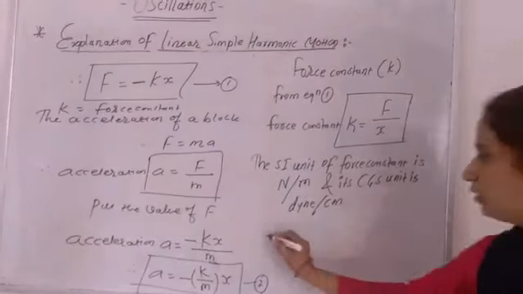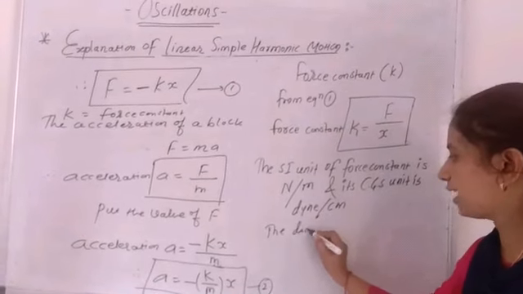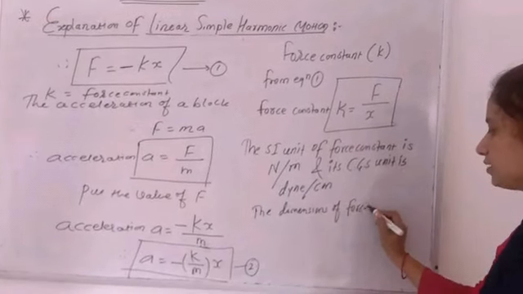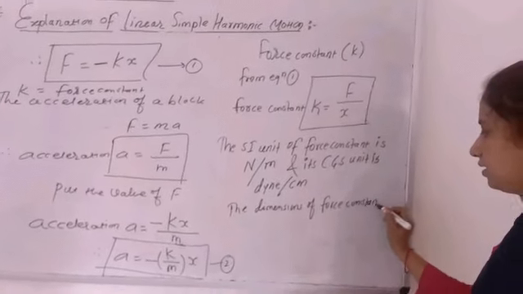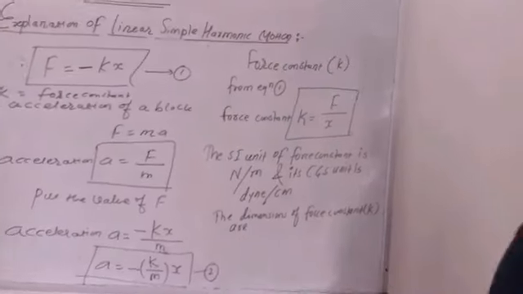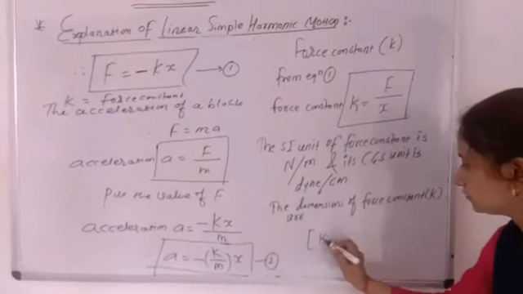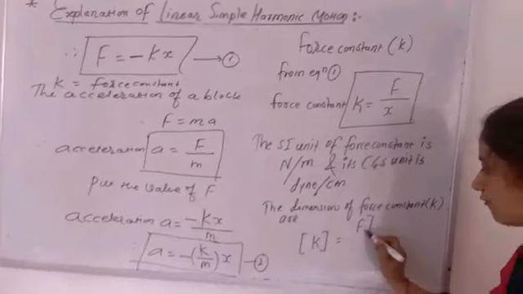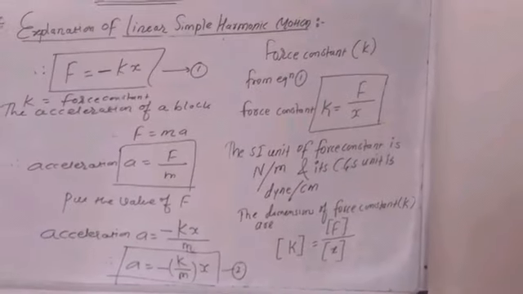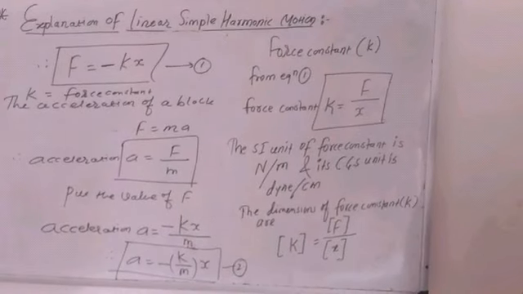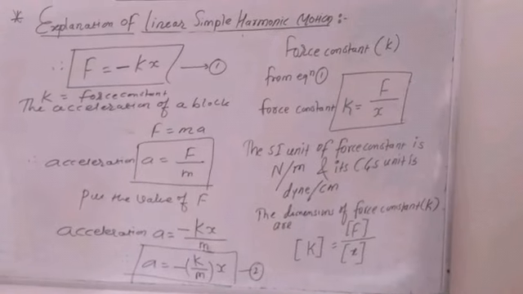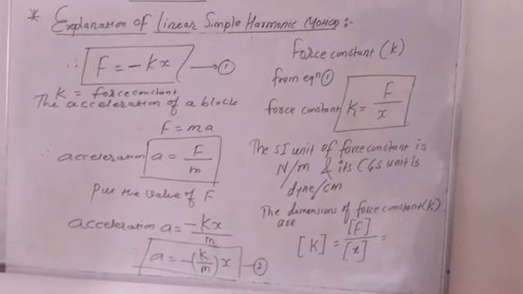Now the dimensions of force constant K are: K equals F by x. We take dimensions in standard form, that is length, mass, time, L, M and T, and the dimensions are shown in a square box.